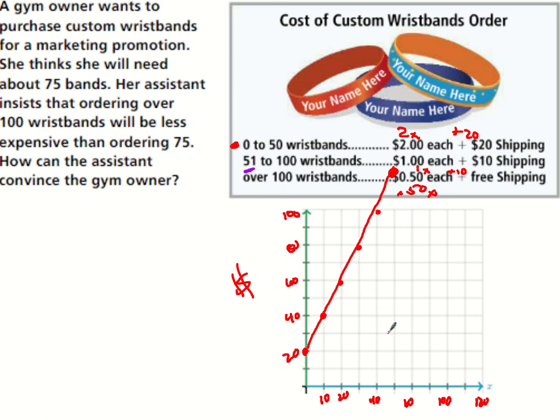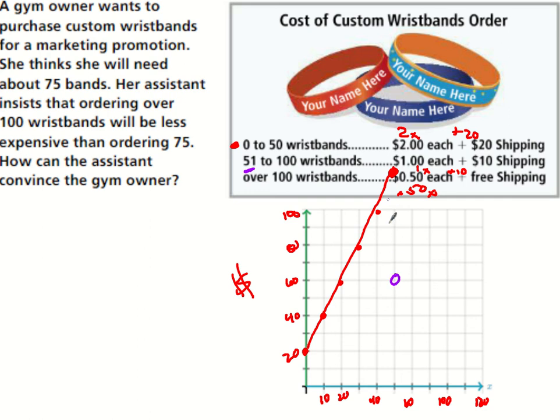I need to figure out, well, how much is 51 wristbands going to cost? Well, there's my equation. If I plug in 51 into this equation, my y-intercept was 10. But if I plug in 51 times 1 is 51. So that's going to be $61. So I'm right here. And I'm going to have an open circle at $60. Because if I plug in 50, shows where it starts really.